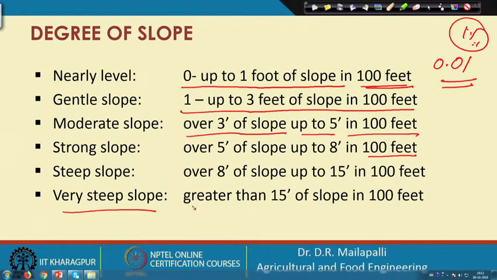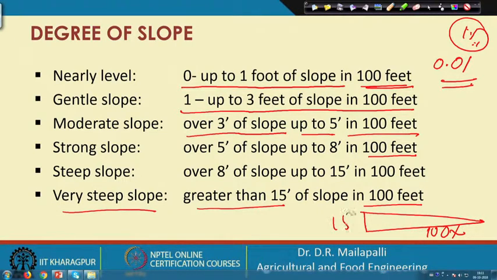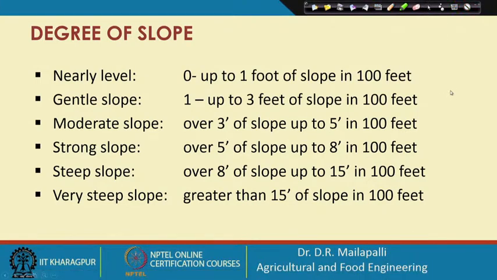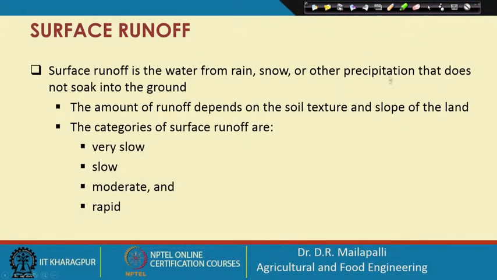Very steep slope is greater than 15 feet in 100 feet. That means over 100 feet there is a 15 feet rise in case of very steep slopes. Okay. So, this is the classification.